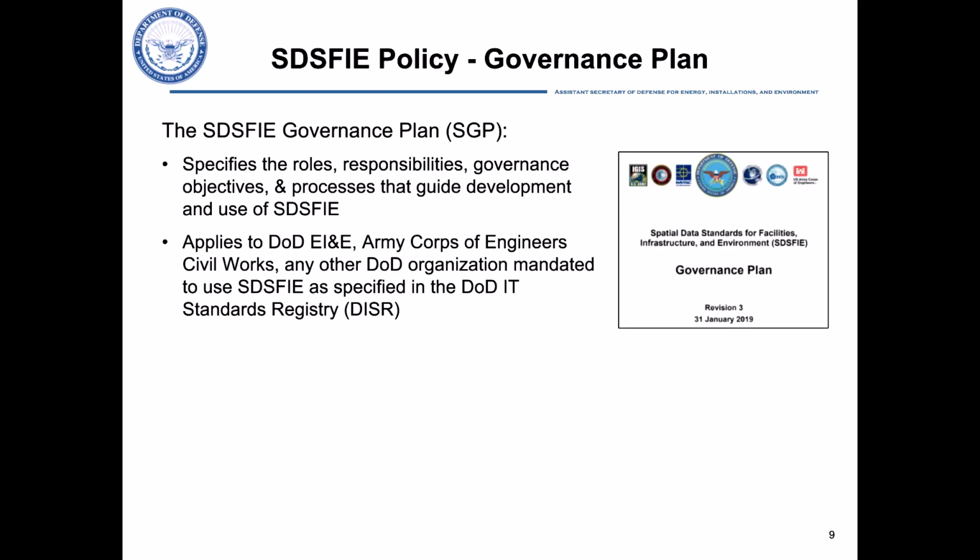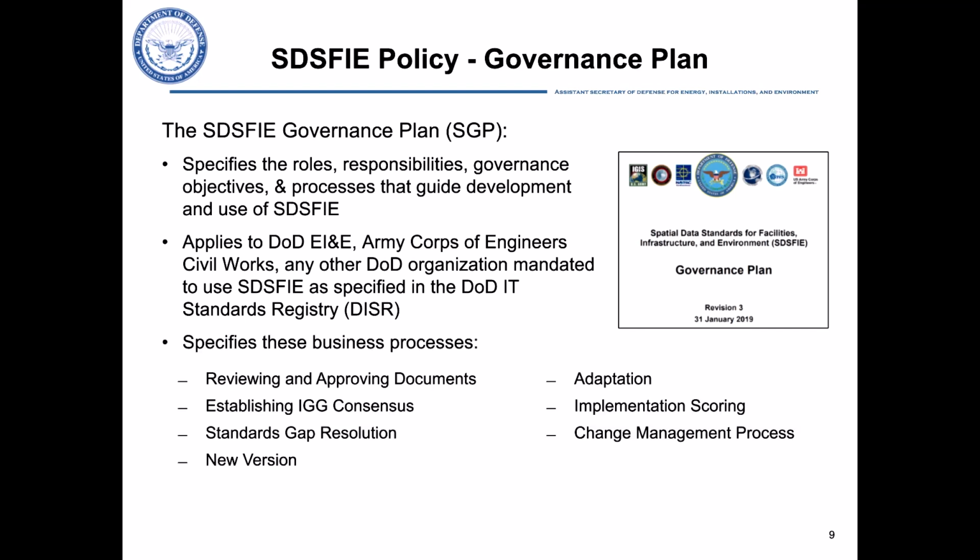The SDSFIE Governance Plan lays out roles, responsibilities, and objectives guiding the development and use of the SDSFIE family of standards. It establishes and defines each of the 6 members of the SDSFIE family of standards. For each of its functions, be it reviewing and approving a new standard or implementation guidance document, the IG follows a formal business process that is specified in the SGP.